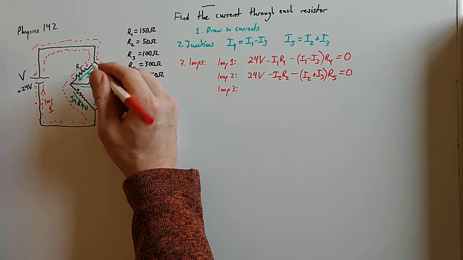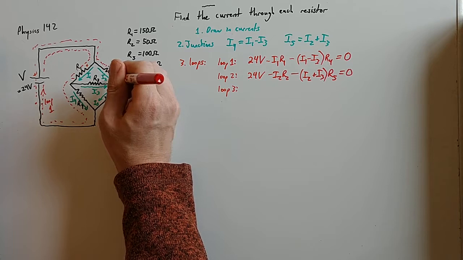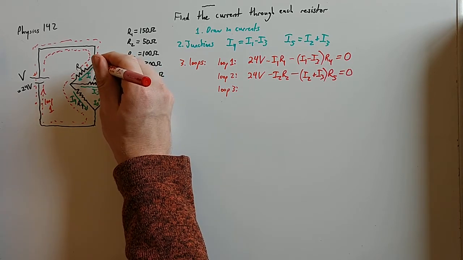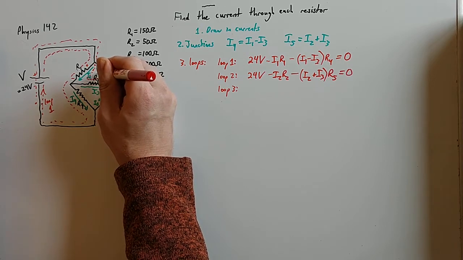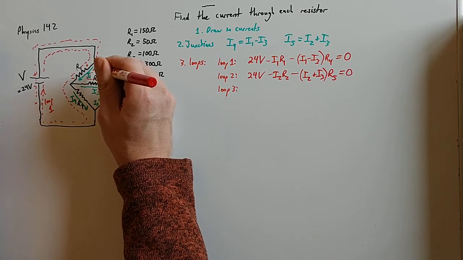I'm going to choose to just do a little loop in the top little triangle of our circuit here. So I'm going to choose to start here around this junction, and we're going to loop down and over and around. So that's going to be the loop we're going to do here. So let's look and see what happens here.